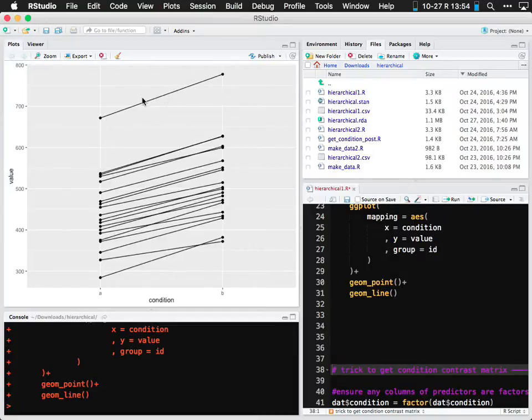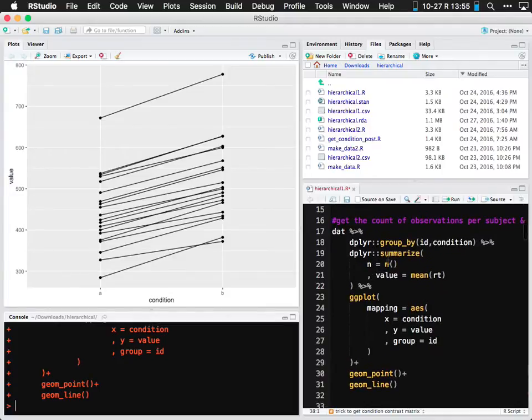But this actually isn't the data that we have. We actually have, for this person in this condition, a whole bunch of RTs, and for this person, same person in the other condition, a whole bunch of RTs. And that measurement noise actually can be useful to add into our model. So we're creating a model that doesn't expect us to compute the mean for each person in each condition ahead of time.